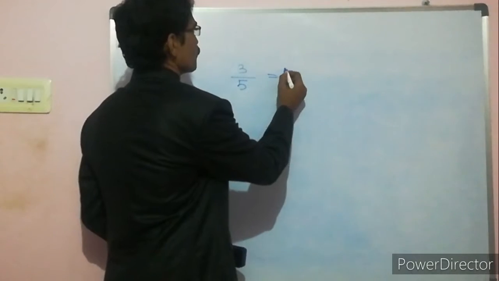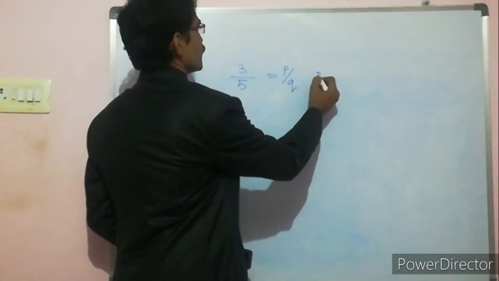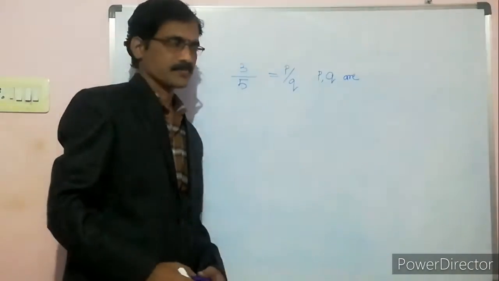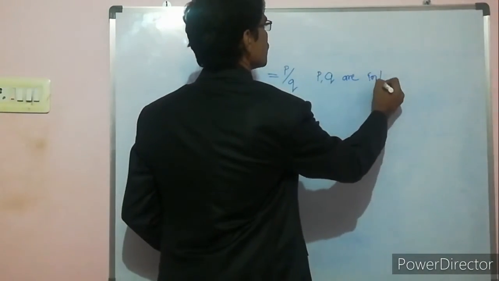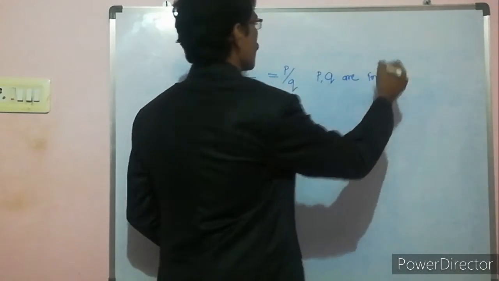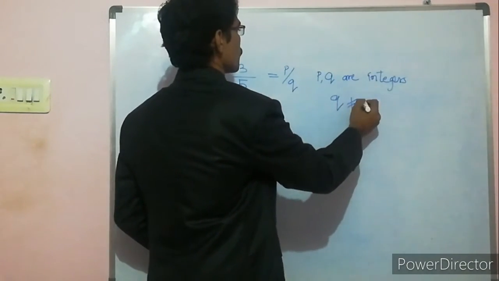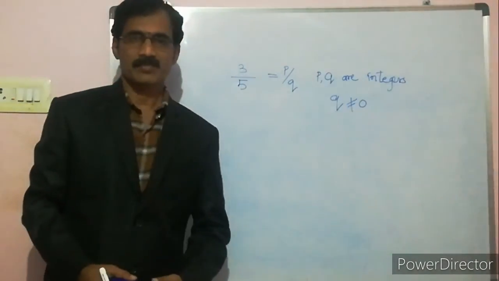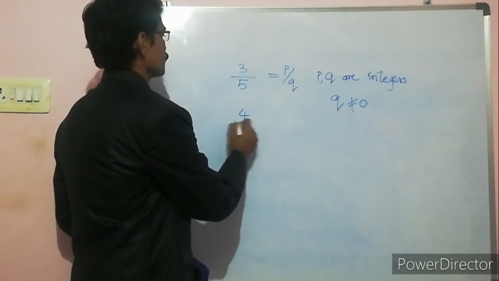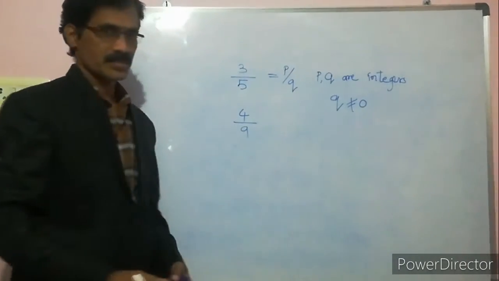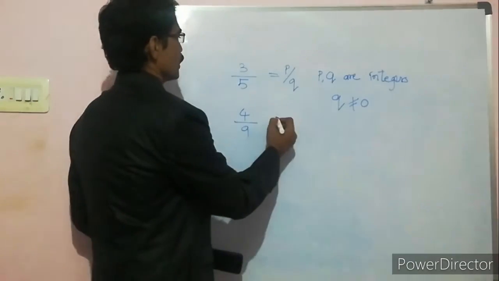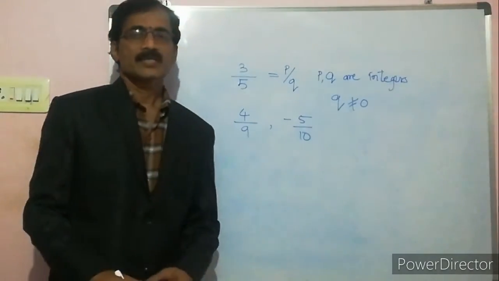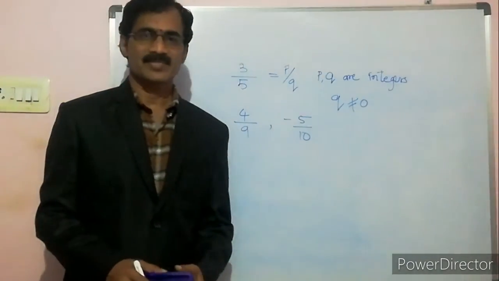This is in the form of p by q, where p, q are integers and q not equal to 0. Another example is 4 by 9. It is also a rational number. Minus 5 by 10. In this way you can write so many rational numbers.